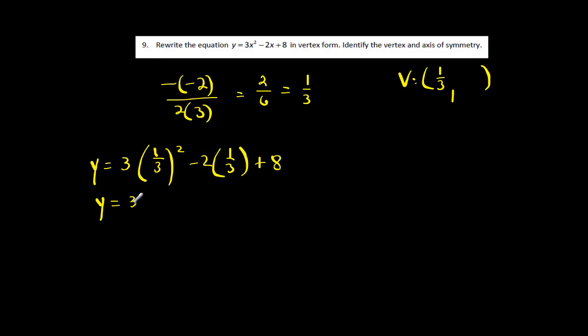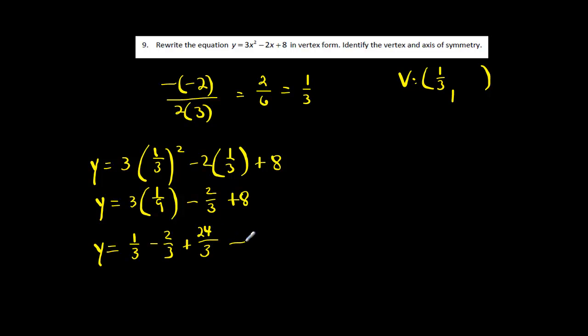So we have y equals 3 times 1/3 squared is 1/9, minus 2 times 1/3 is 2/3, plus 8. 3 times 1/9 is 1/3, minus 2/3 plus, let's make this thirds, so it's going to be 24/3. So 1 minus 2 is negative 1. Negative 1 plus 24 is 23. So 23/3. The axis of symmetry is x equals 1/3. This is your answer.